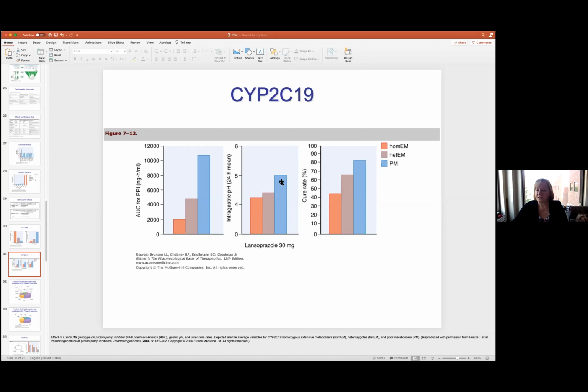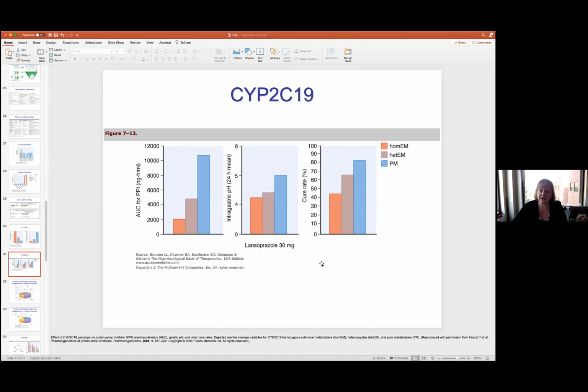What this translates into is that in actuality, the poor metabolizers have a better cure rate, because they allow the drug to hang around a little bit longer, and therefore the pH is higher, and you're going to cure the symptoms of that ulcer a whole lot better.